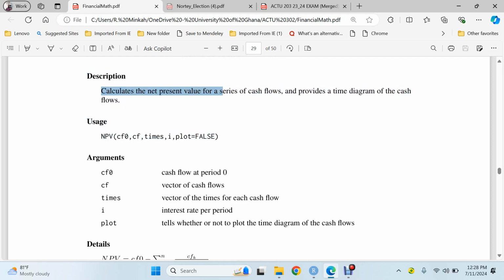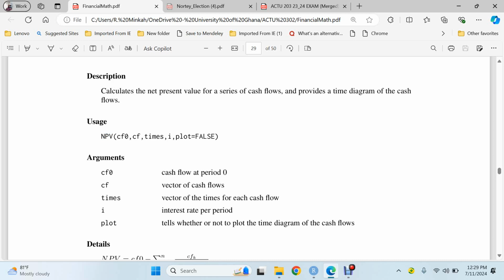The present value for the series of cash flows and provides a tree diagram of the what? The cash flows. So what I did, something like this is like a tree diagram, right? For the cash flows. So how does it, you need CF0. What is the CF0? Is the cash flow at what? Period 0.